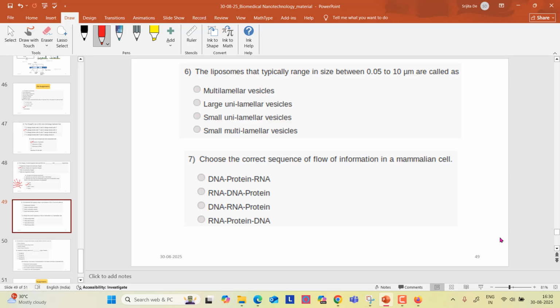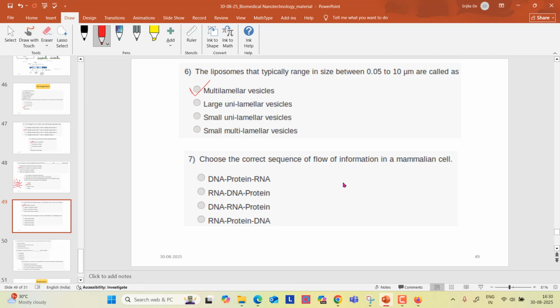So 0.05 to 10 micrometer means it's comparatively bigger in size, right? So it is the multilamellar vesicle.